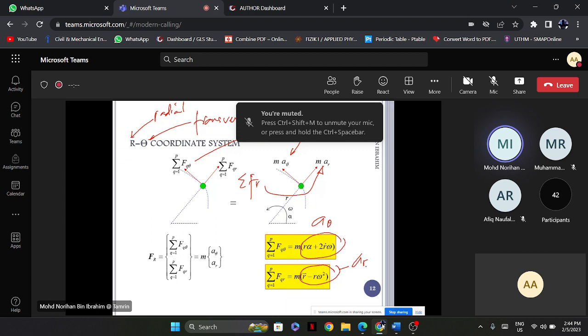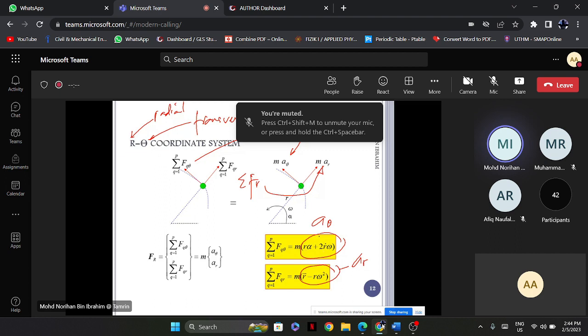So radial acceleration is equal to r double dot minus r omega square, while transverse acceleration is equal to r alpha plus 2 r dot omega, where alpha is the angular acceleration.